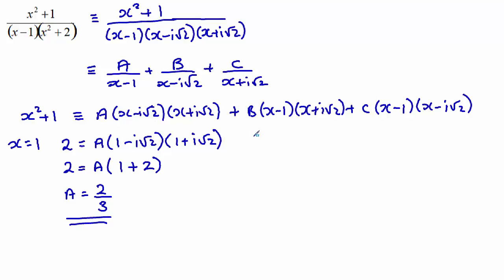Now let's let x be equal to i root 2. So this one would disappear. This one will disappear. We'll get a B. Now, i root 2 squared, so that's going to be i squared times 2, so that's negative 2, add 1 is negative 1.